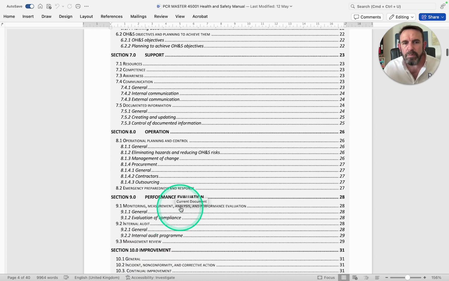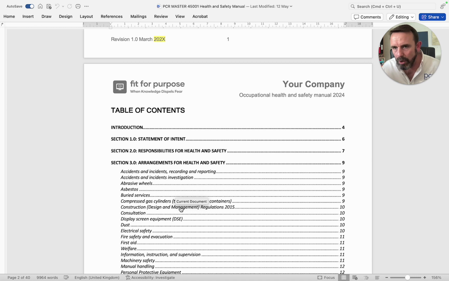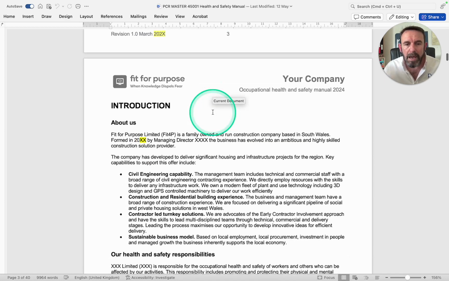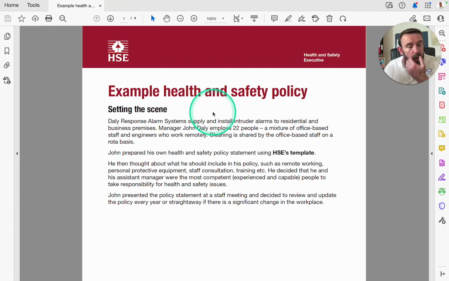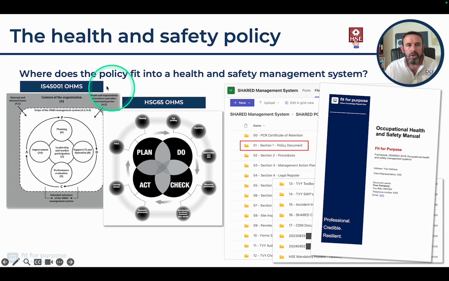By doing it this way, it's a really good way of articulating internally, documenting, reviewing. We can get that message across because we've actually recorded it, again using parts 1, 2 and 3 that are required for the policy, and then moving on to clauses 4 up to 10 for the management system. It really is a good way of doing it. So where does it fit into a health and safety management system?